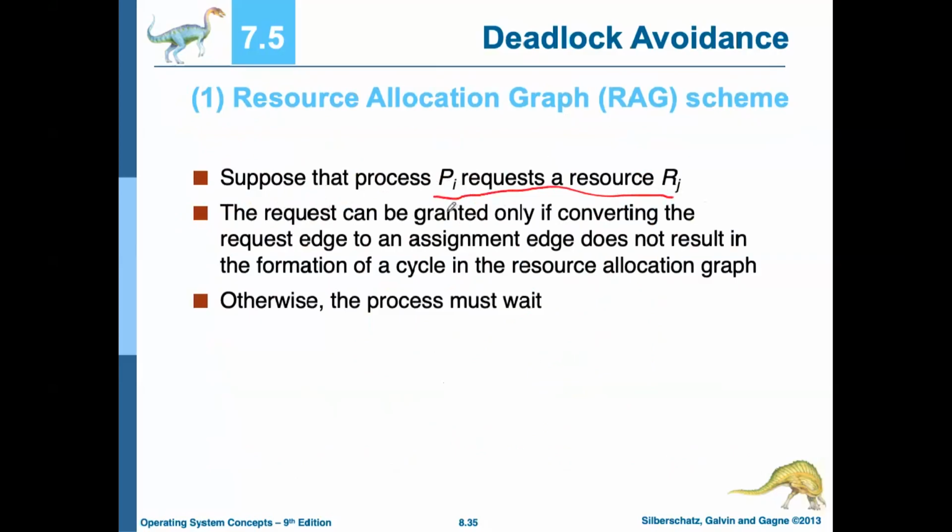The request can be granted only if converting the request edge to an assignment edge does not result in the formation of a cycle in the resource allocation graph. Otherwise, the process must wait.